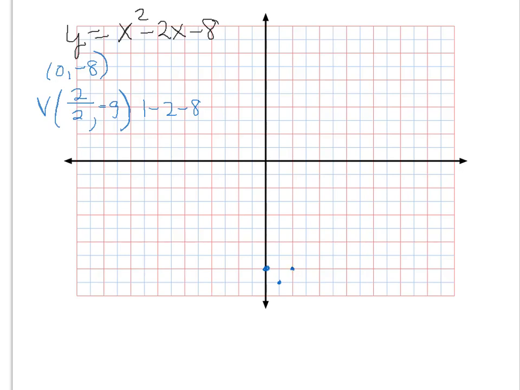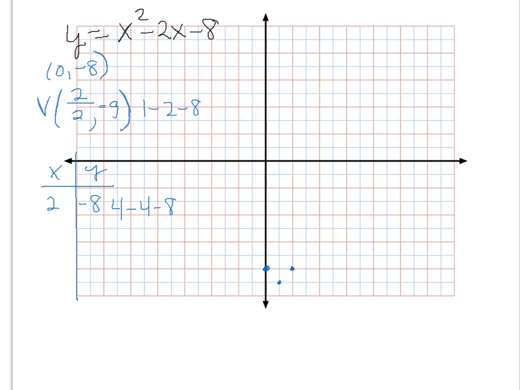So if you want to verify that, again, what I'm doing, basically instead of doing a table of values, I'm kind of just checking to make sure, because I'm pretty sure it's going to be at 2. So I'm going to plug in 2, and we'll get 4 minus 4 minus 8, and sure enough, we get -8. So that's correct, but I definitely need more points for shape.